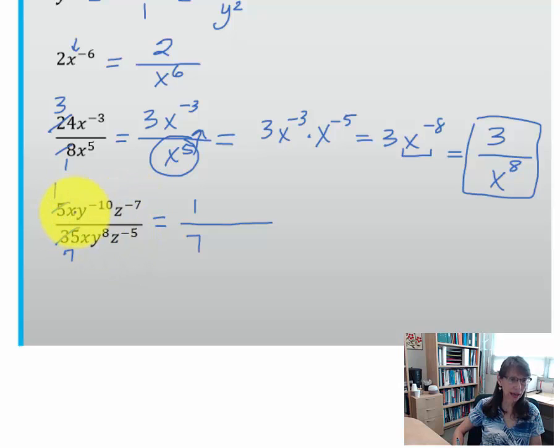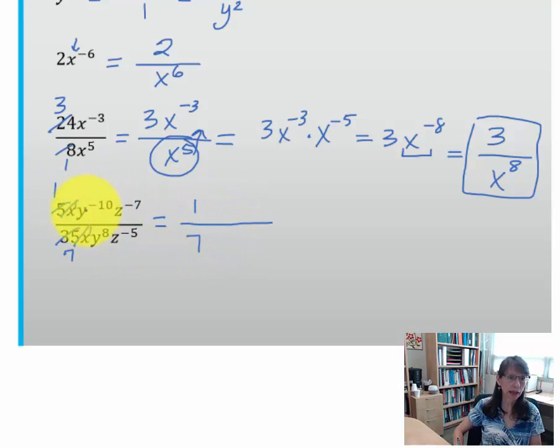So starting with x, x to the first divided by x to the first. Well, those are exactly the same. So when you have a base raised to an exponent that's identical to what it's being divided by, that will equal 1. In other words, it's completely reduced from the problem. So we don't have any x remaining for the final answer.